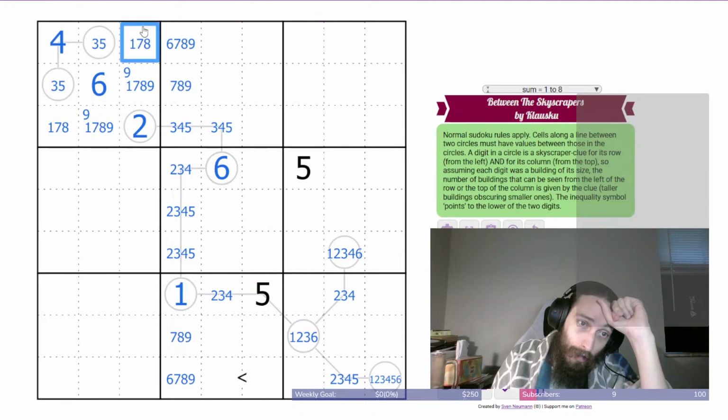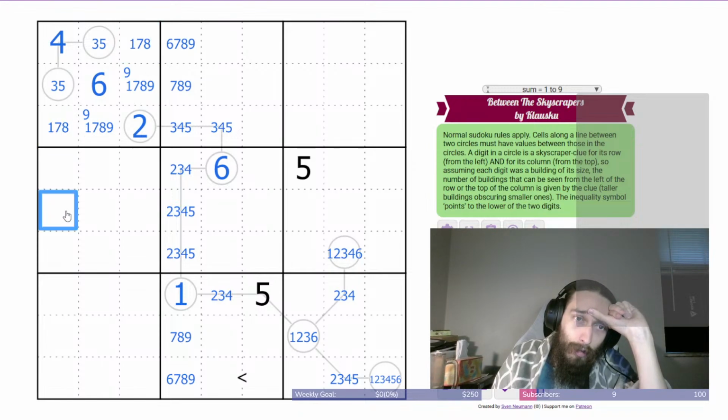Now the 5 would go 4, 5, 8, 9. So the 5 can't have the 8. That would have to be the 3. But the 5 can have the 7 still. So this can still be a 7-8 pair. The 1's not guaranteed in the corner. Because it would go 4, 5, 7, 8, 9.